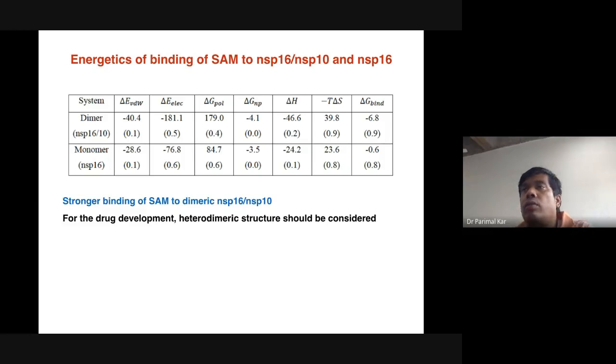Right now there is one paper available in Nature Communications, where the experimental binding affinity is around minus 7.3, and we got minus 6.8. If you consider the error bar that I have shown here, 0.9 kcal per mole, it's a pretty good match with the experiment.